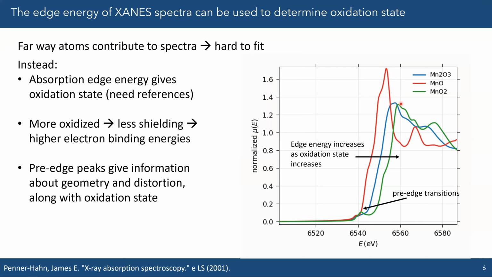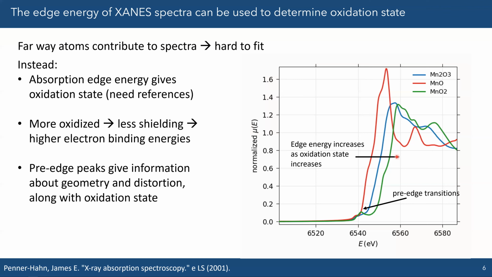But regardless of how you get it, this edge energy can give the oxidation state of your material. As you can see here, as we go from manganese 2 oxide to manganese 3 oxide to manganese 4 oxide, we increase the edge energy as the oxidation state of our manganese increases.